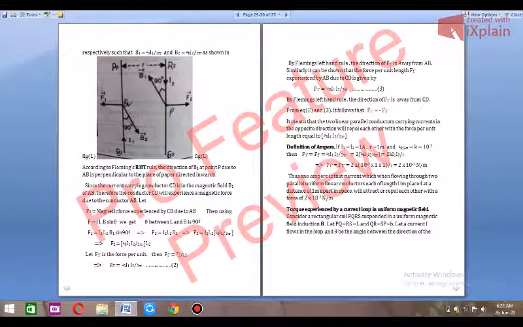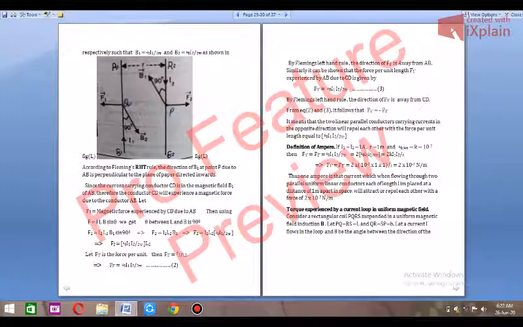So according to Fleming's right hand rule, you can see that the direction of B1 at point P is perpendicular to the plane of the paper, but it is directed inwards.